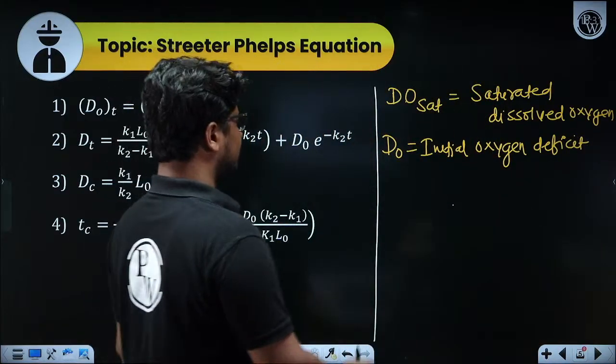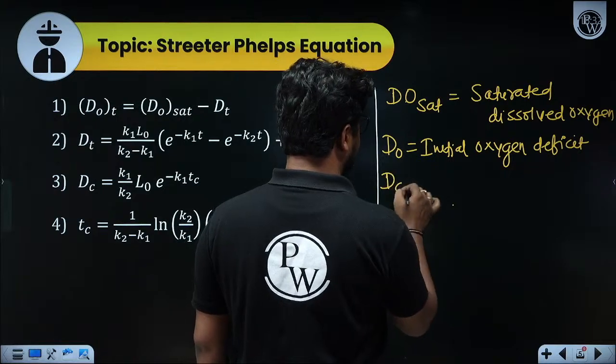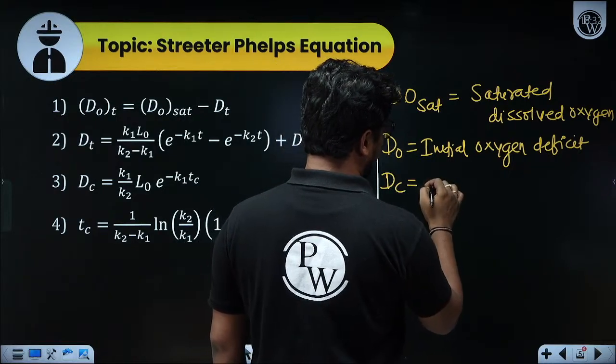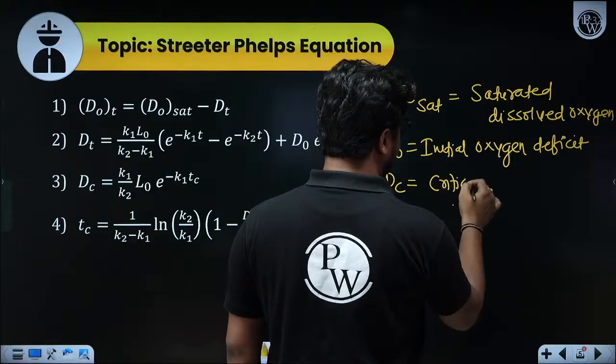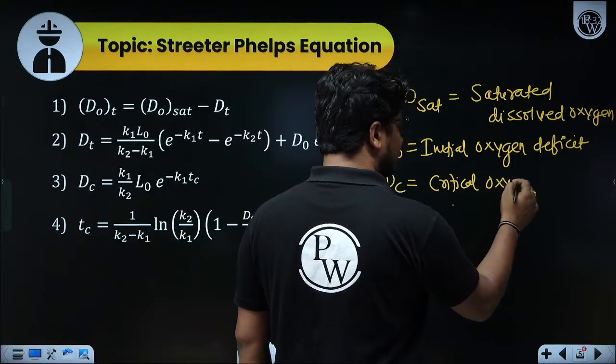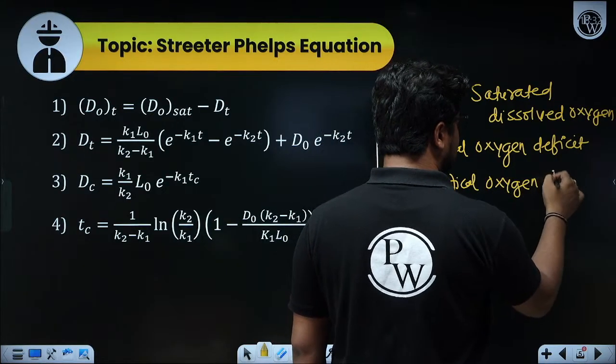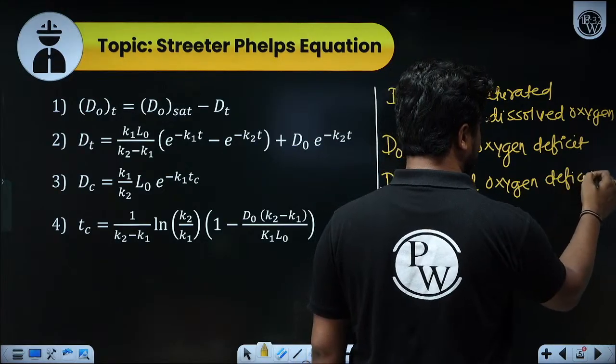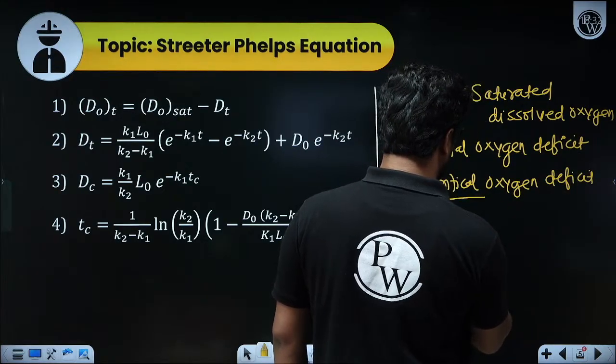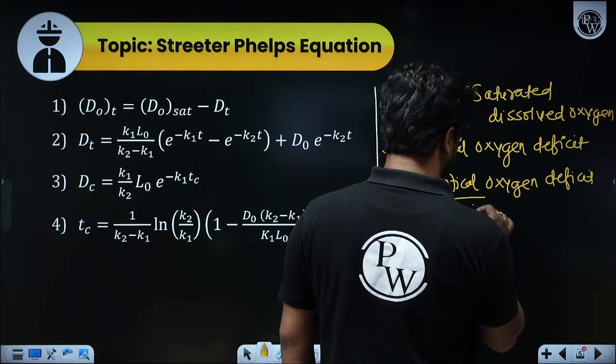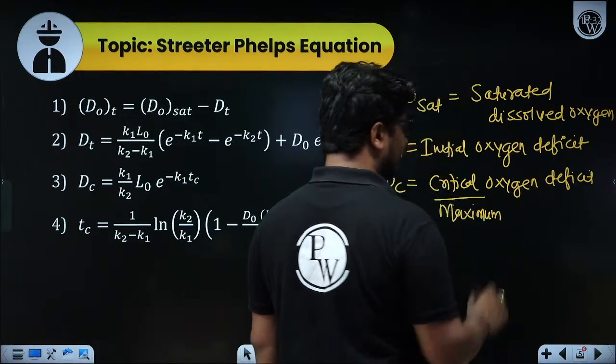Okay. The next term which I have used is DC. This is something which we are calling critical oxygen deficit. This is also called maximum oxygen deficit. Instead of critical, you can also call this maximum oxygen deficit.